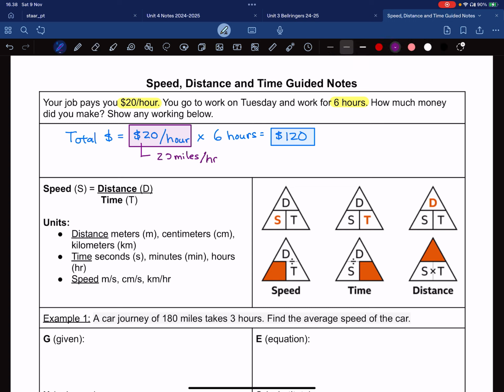If you were going 20 miles per hour and you drove for 6 hours, then you would drive 120 miles. So speed and the amount of money that you make per hour, basically same thing, works the same way.